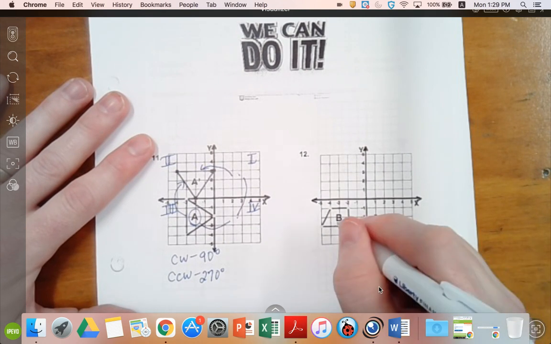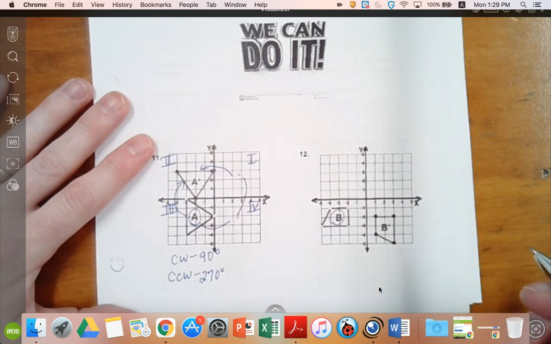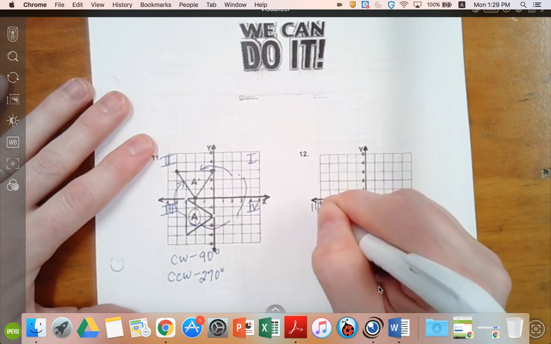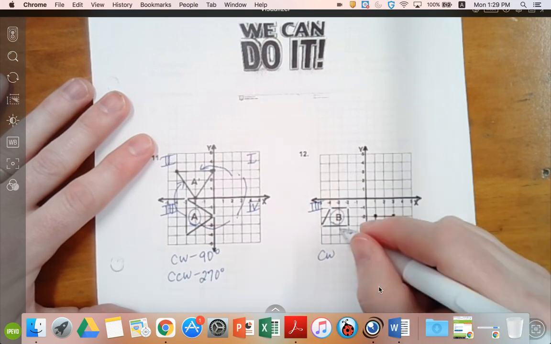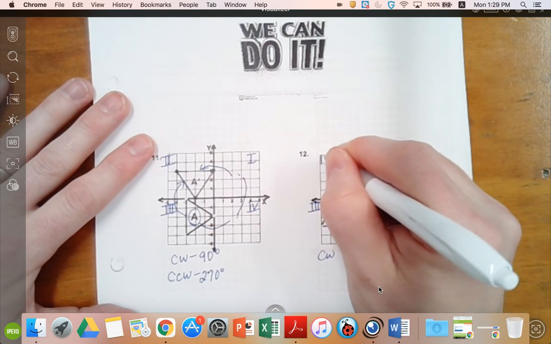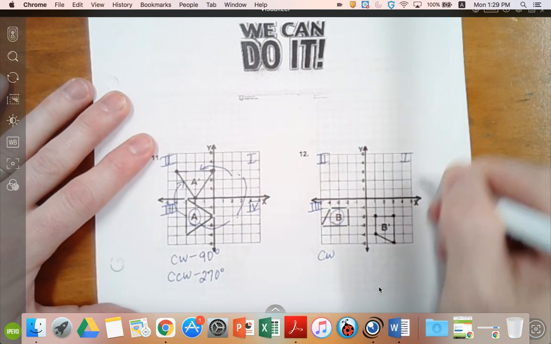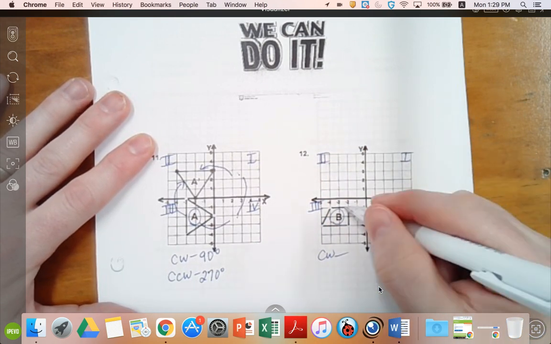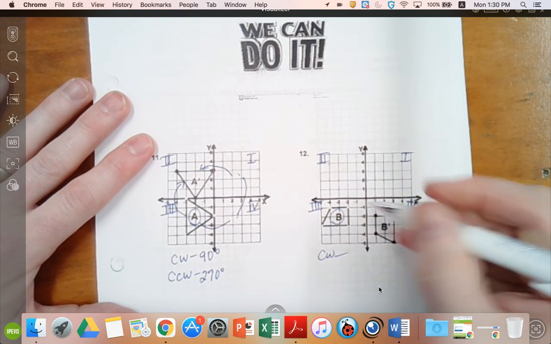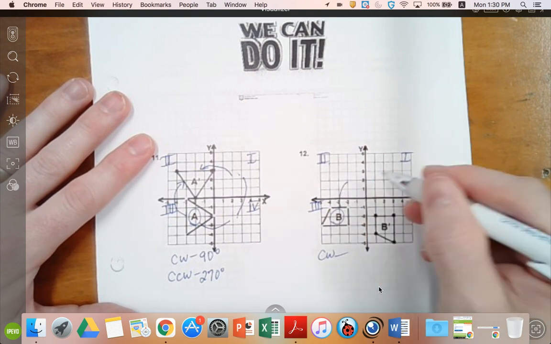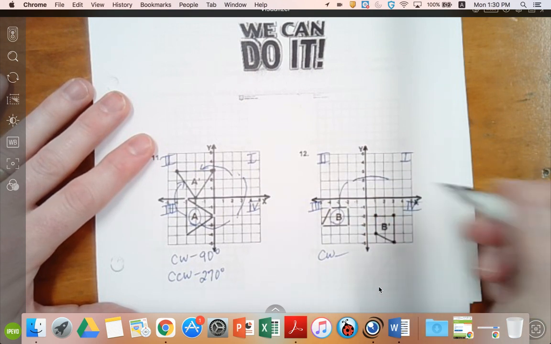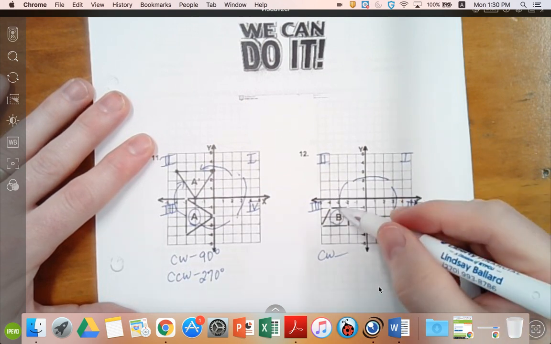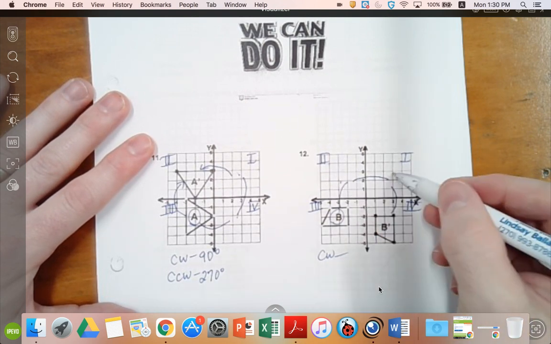Last one here. Start with my original. Let's go clockwise. So this is number 3, quadrant 3. If I go clockwise, let's just count the quadrants, which would be the turns. So clockwise would be in this direction. So from 3 to 2, it's 1, 2, 3. 3 jumps. 3 to 2, 2 to 1, 1 to 4.